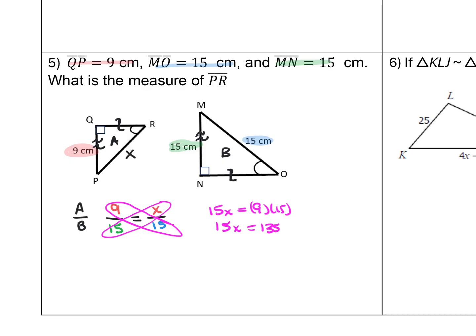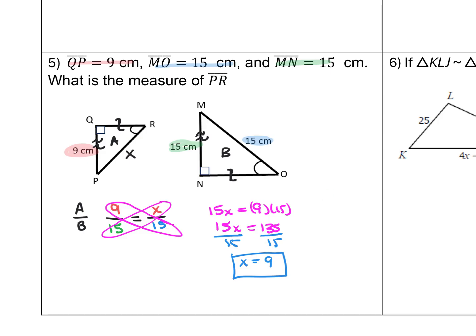We got 15x, so I got to get x by itself, so I'm going to divide by 15. I got x is equal to 9. And that should make sense just looking at this triangle. If these guys are similar and that goes from 9 to 15 and that side's 15, then x has to be 9. Because these should be the same measurements.